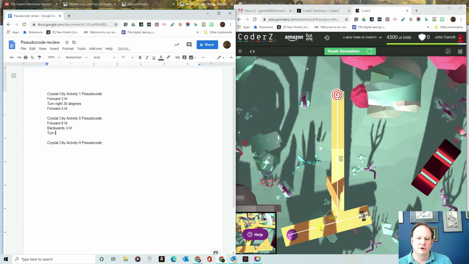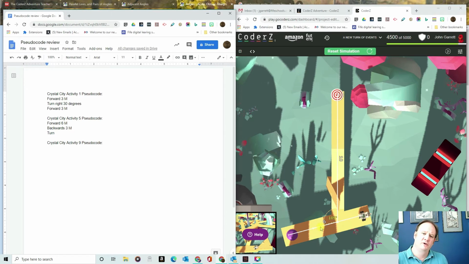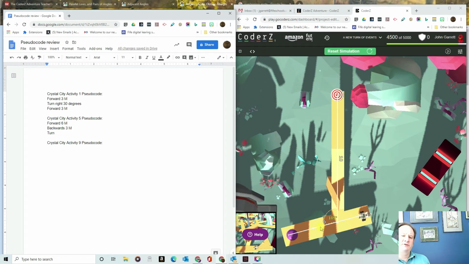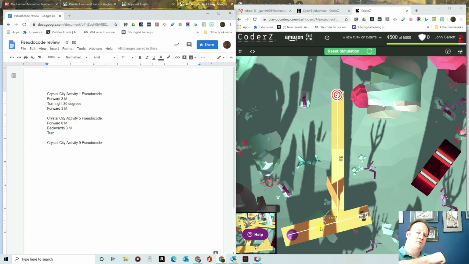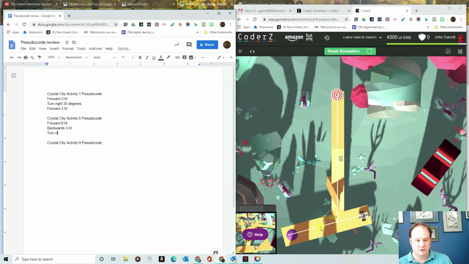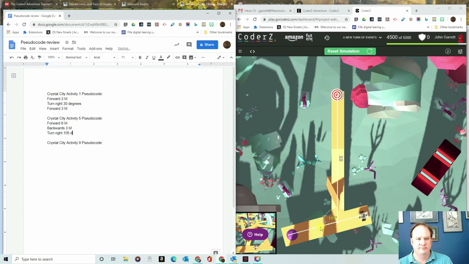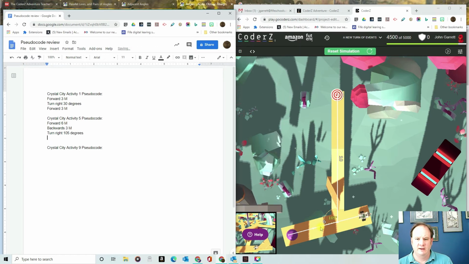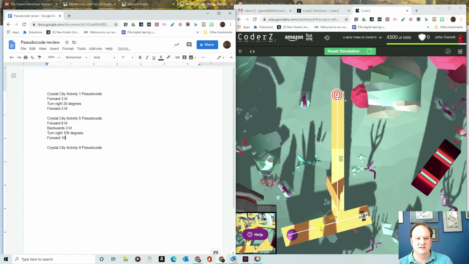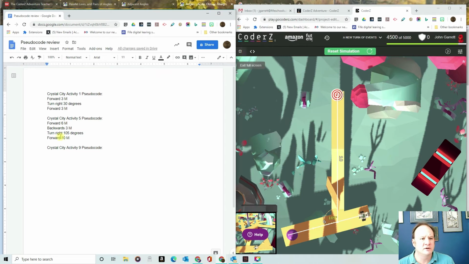Then I gotta turn to the right, looks like right, turn right 105 degrees. And then forward looks like 10 meters. So there's my plan here.